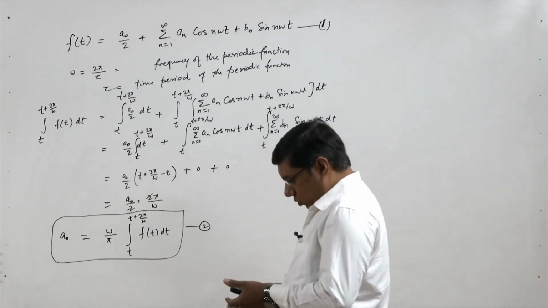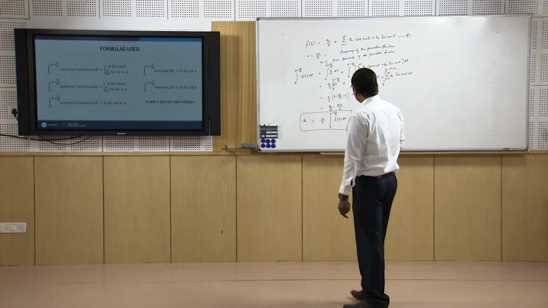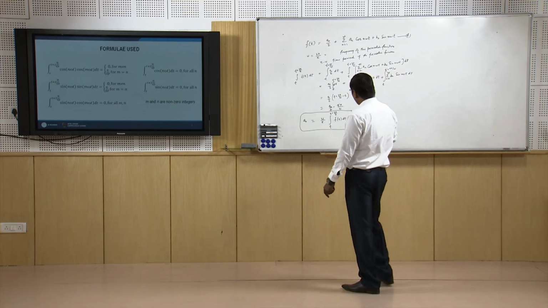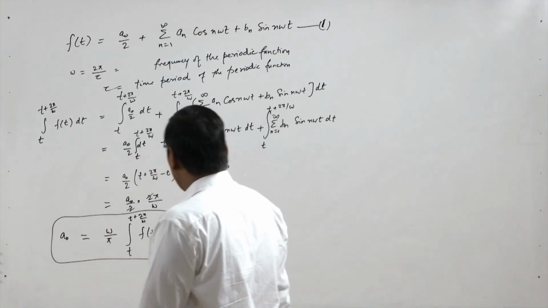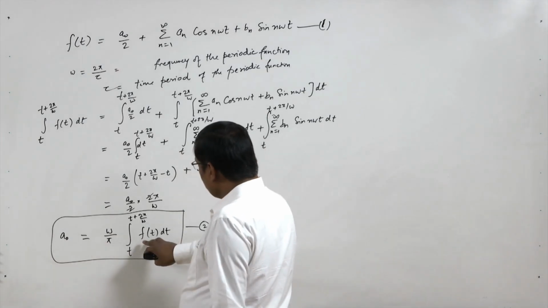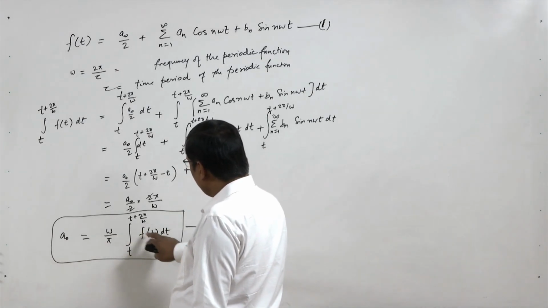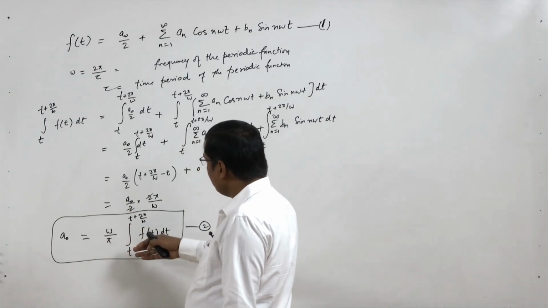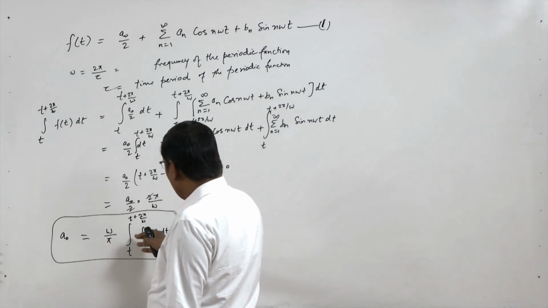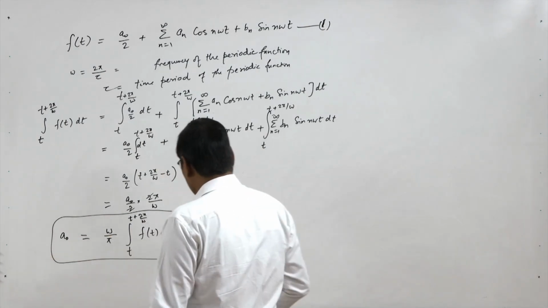So our equation 2 gives us the value of a0. It means that if ft is a periodic function and we integrate it over one cycle, we will find the value of a0.